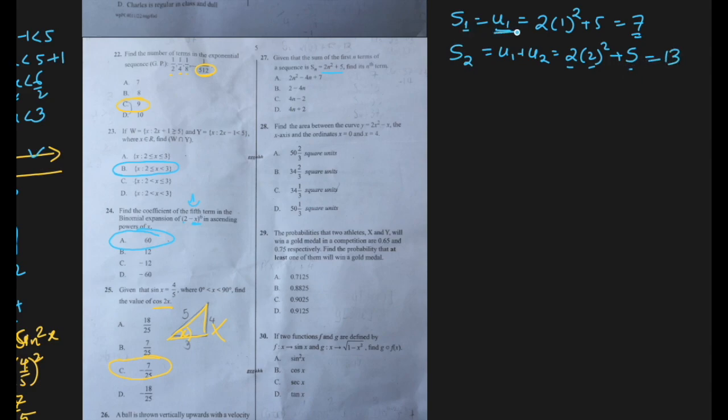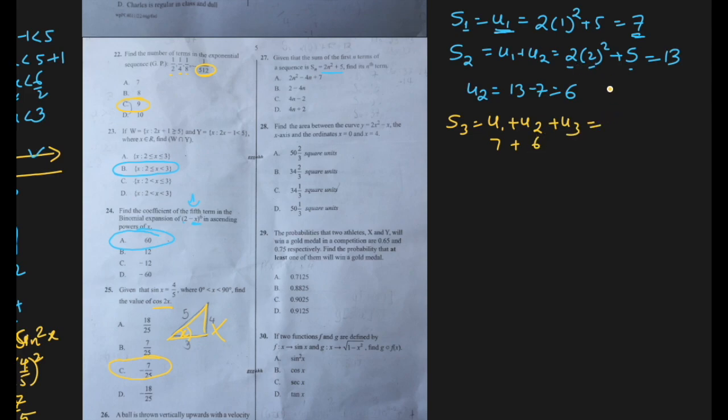That means u1 came out to be 7. u2 will be 13 minus 7, which is 6. Let's say u3 also. No, not u3. We'll find S3. That will give us u3. S3, which will be the first term plus the second term plus the third term. Right? First term is 7. Second term is 6.